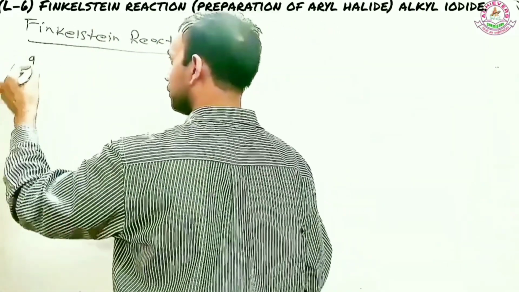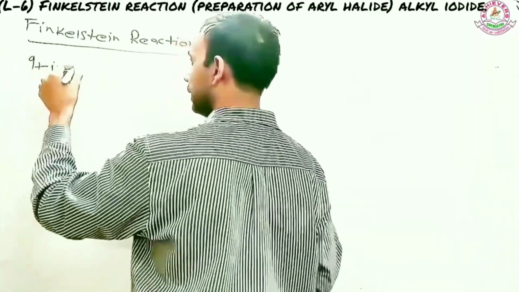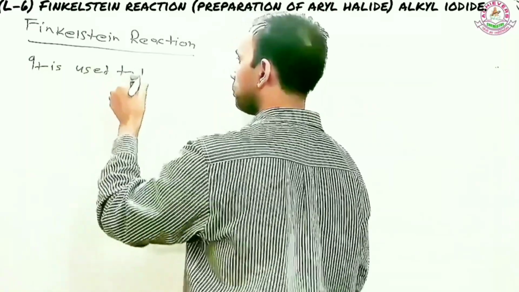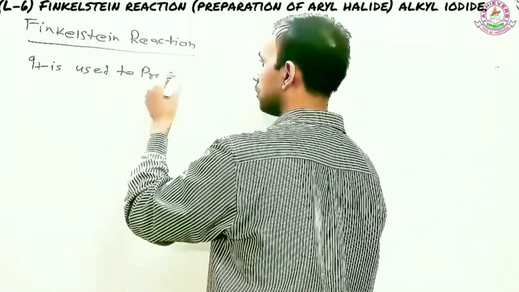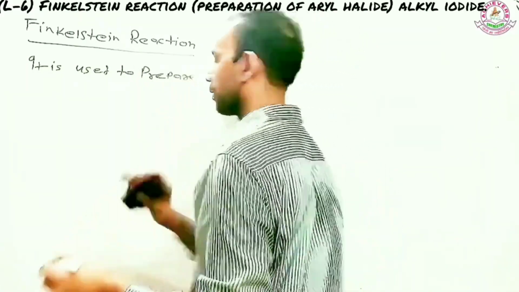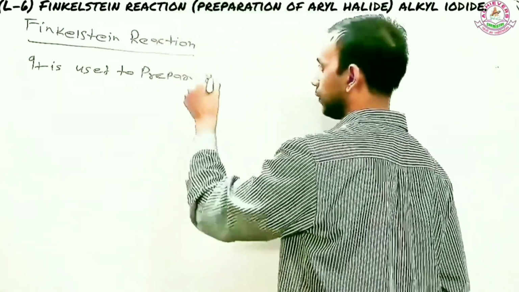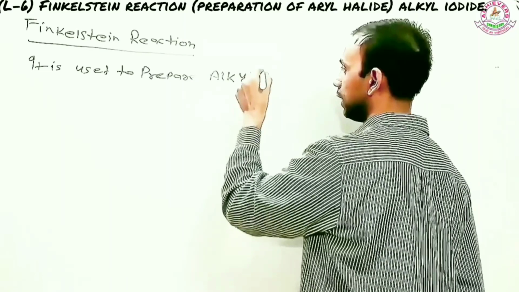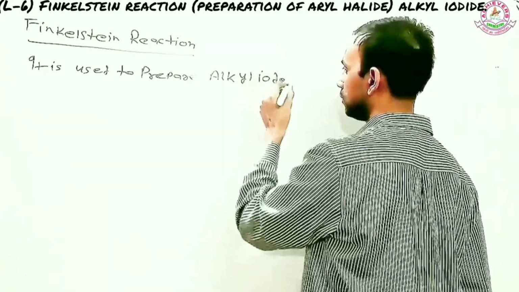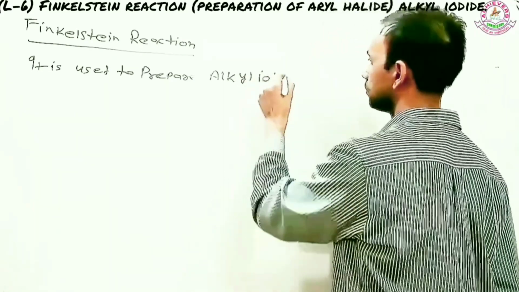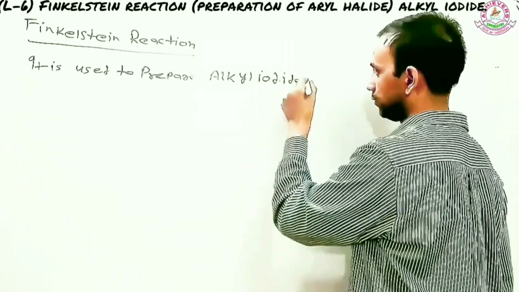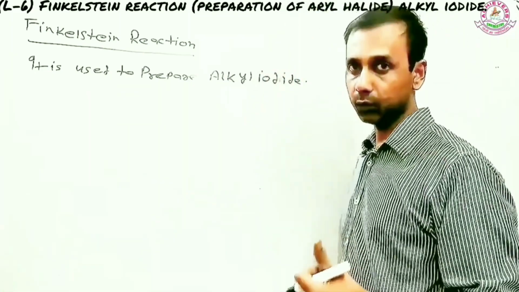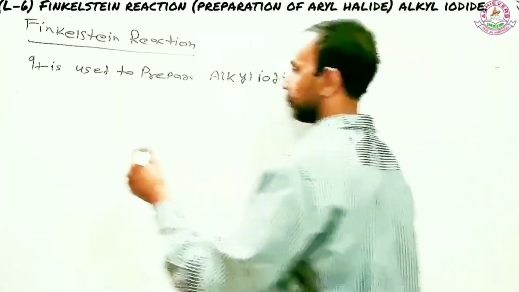It is used to prepare alkyl iodide. First thing, this reaction is useful to prepare alkyl iodide only. And in this reaction, what happens?